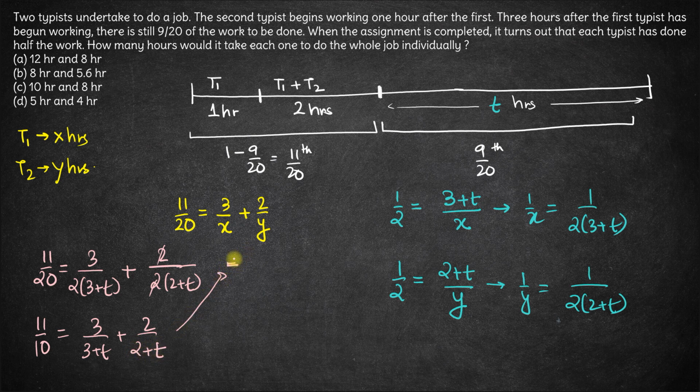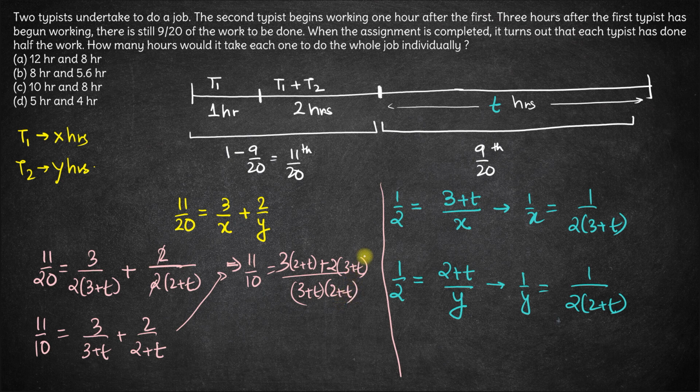Now let's try to simplify this. We have 11/10 is equal to 3 times 2 plus t plus 2 times 3 plus t, divided by 3 plus t into 2 plus t.